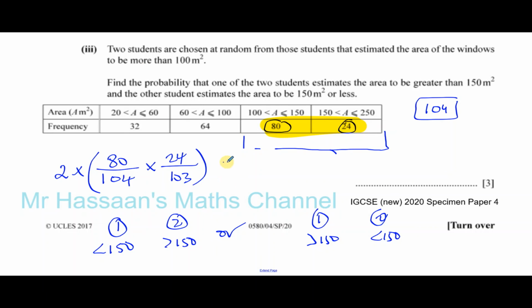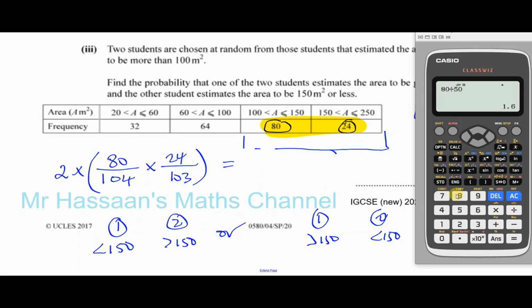We can just do 2 times that, and that would give us the answer, and that's an easy way of doing it. So what we can do is take the calculator, and we can say 2 times, fraction 80 over 104, times fraction 24 over 103, and we have our answer, which is 480.